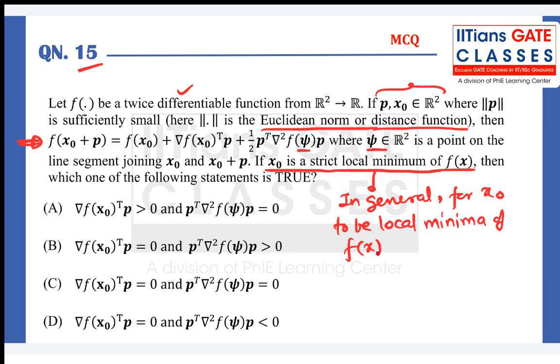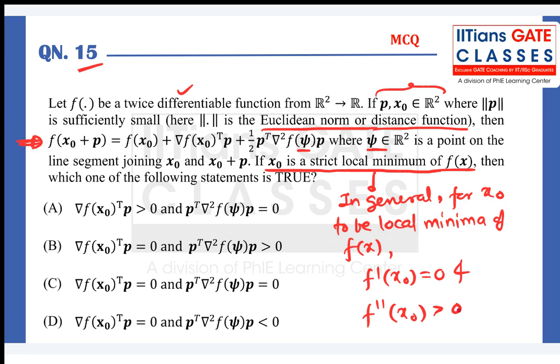One is f dash of x naught should be 0, and the second derivative should be greater than 0. The first derivative should be 0, which is called a critical point, and if at the same point the second derivative is positive, that means it's a local minimum.